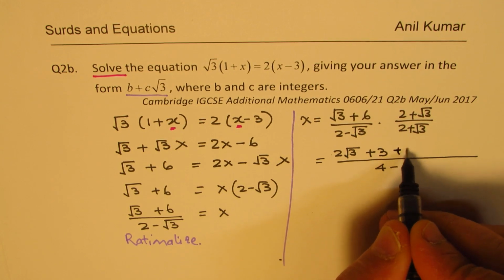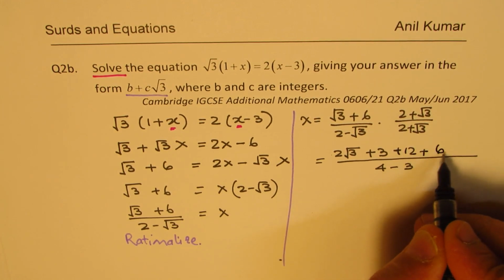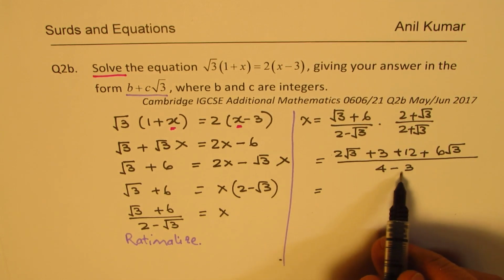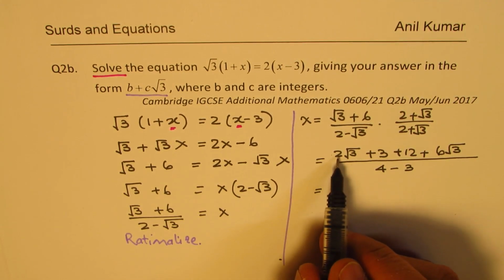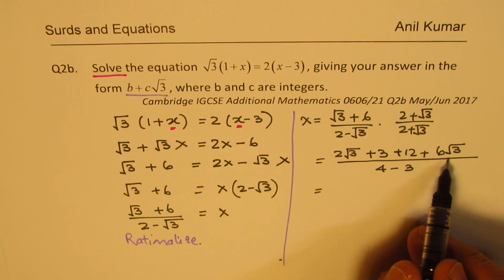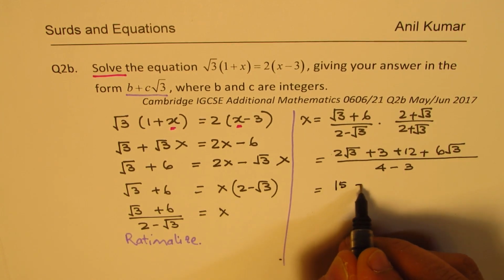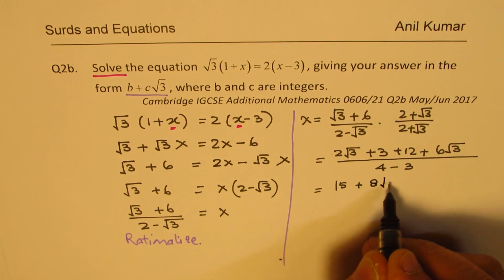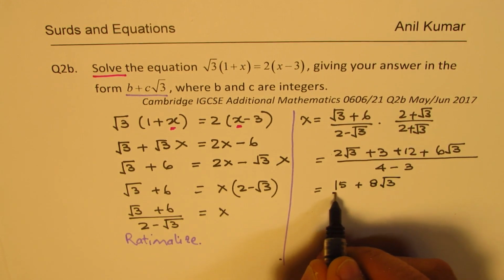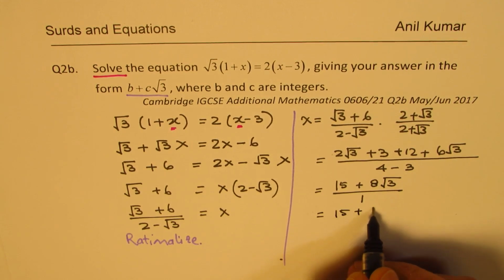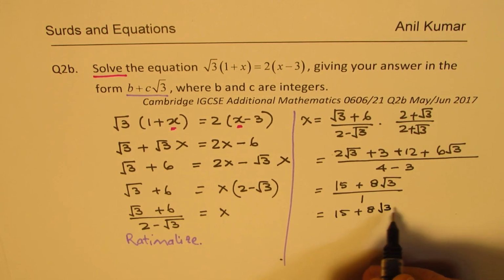With 6, we get plus 12, plus 6 square root 3. So that gives you, this is 1 in the denominator, so that gives you 2 plus 6 as 8, right? And 3 plus 12 is 15. So we get 15 plus 8 square root 3 over 1, right? So basically, it is 15 plus 8 square root 3.